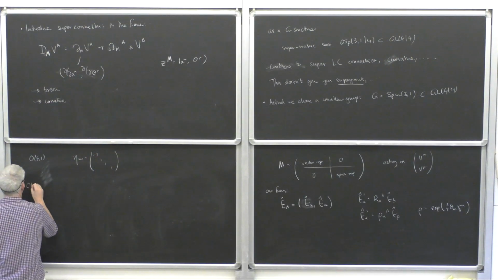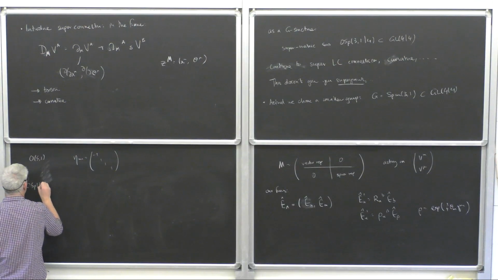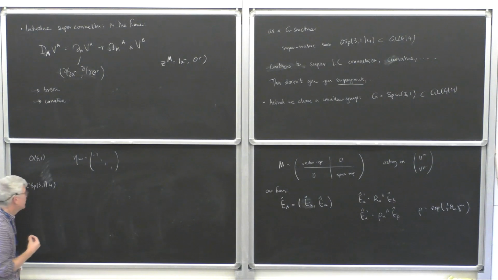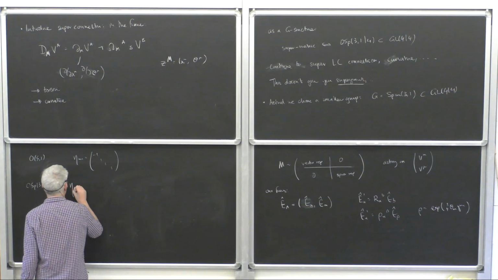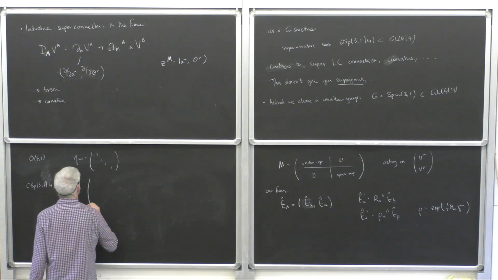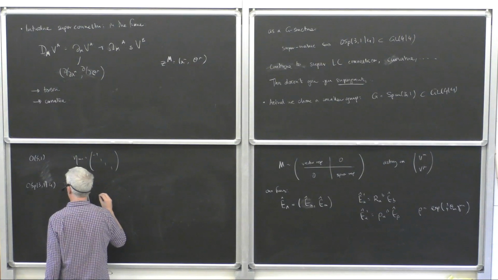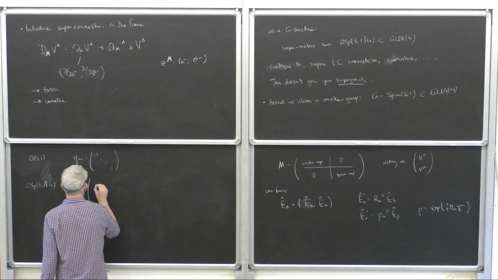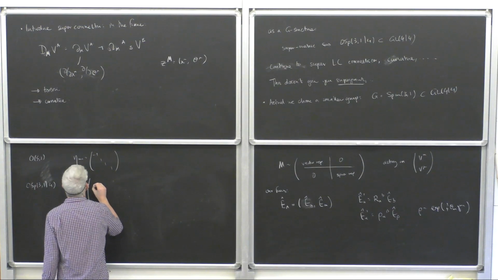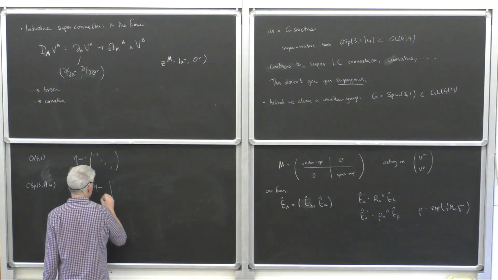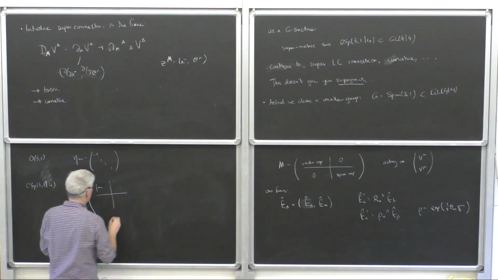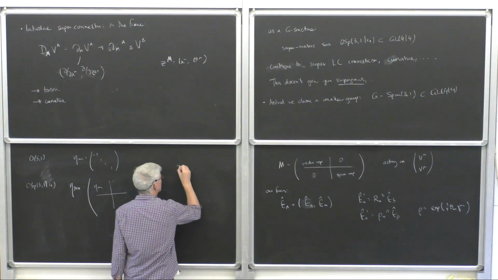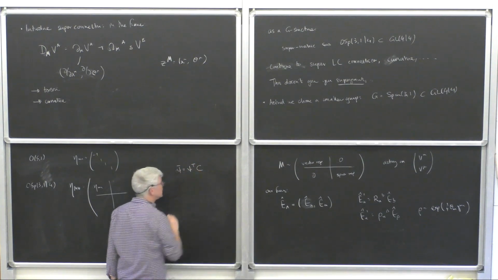So OSp(3,1|4), I can think of it as preserving some supermetric which looks like eta_mn here, and then here I'm going to put, do you remember there was this C thing we defined, like psi bar with psi transpose times C?